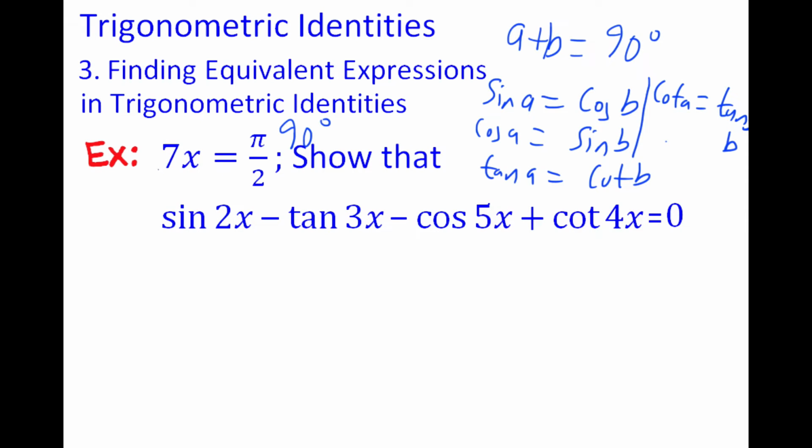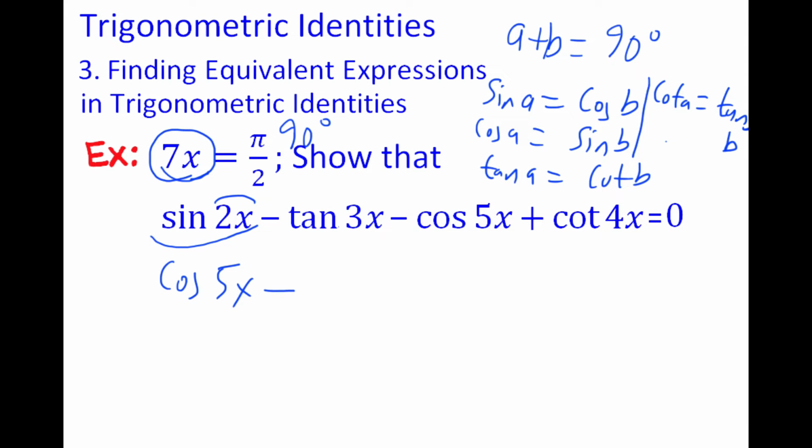And because 7x means 90 degrees, if this part is sine 2x, then how can you write it in terms of cosine? Well, because 5x plus 2x is 7x, instead of sine 2x, I can write cosine 5x, guys, because 2x plus 5x is 7x, and 7x is equal to 90 degrees.